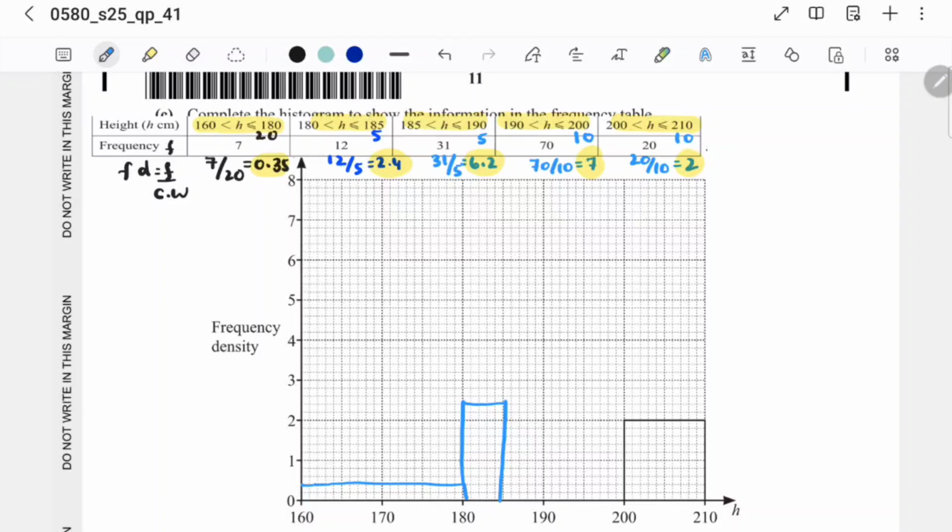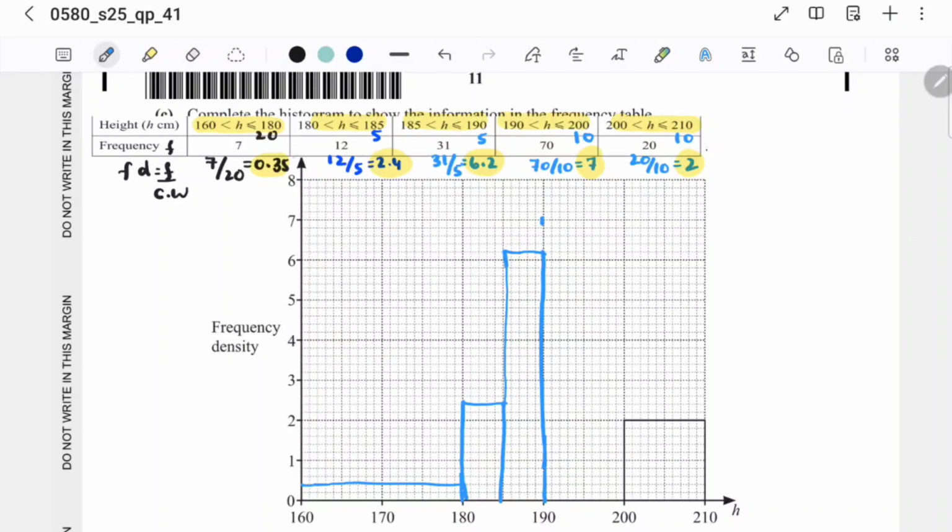The third one is here. Now we'll make this one till 190. It is 6.2. The next line is till 200, it is 7.